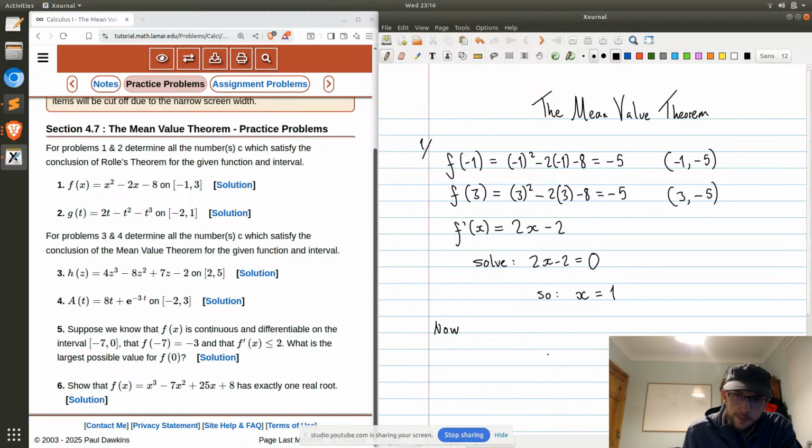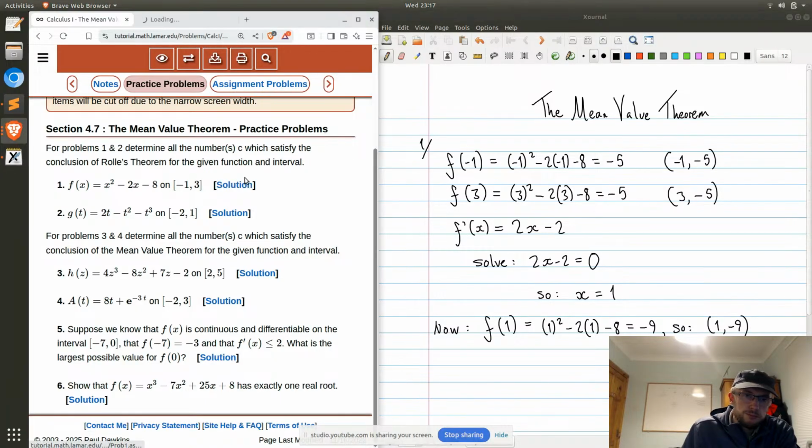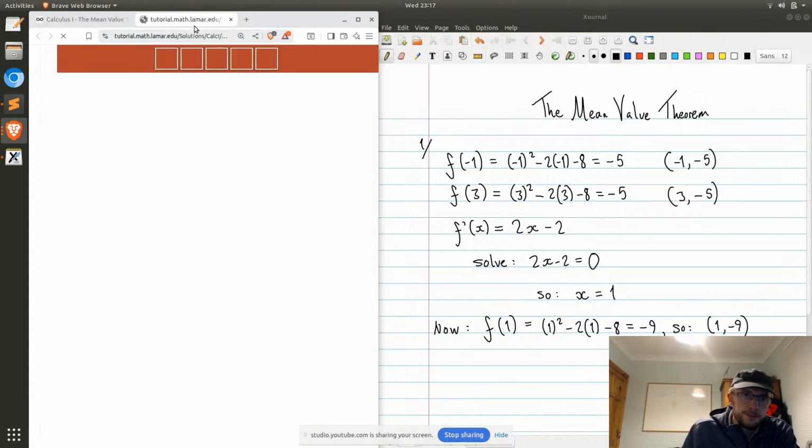F of 1 is the square of 1. Take the double of 1. Take 8. So 1 take 2 is -1, and -1 minus 8 is -9. So the point in question that we're looking for is 1, -9. Right?